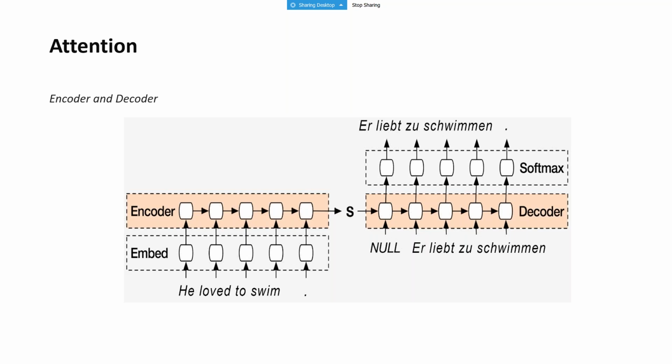Let's say a sentence, he loved to swim, and I'm going to translate it to a different language. I will use the complete value from one encoder to pass to the other. I'm quickly going through this.